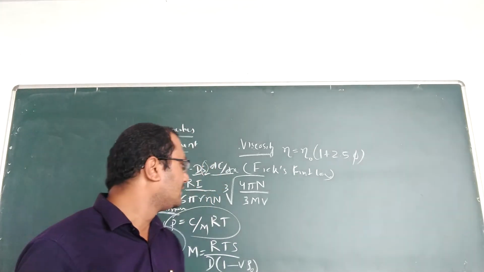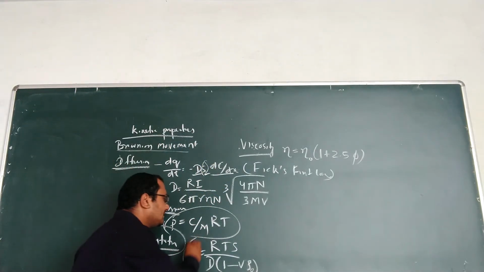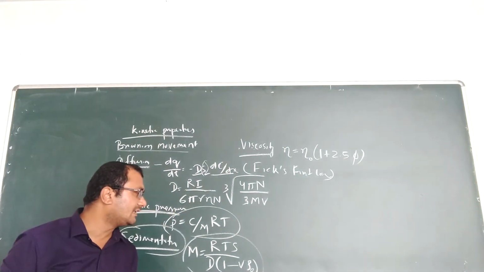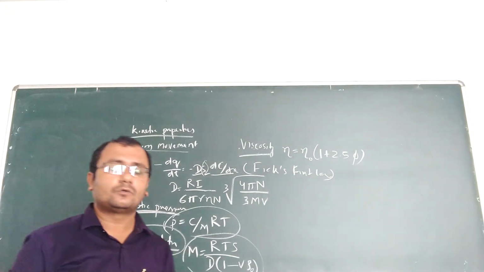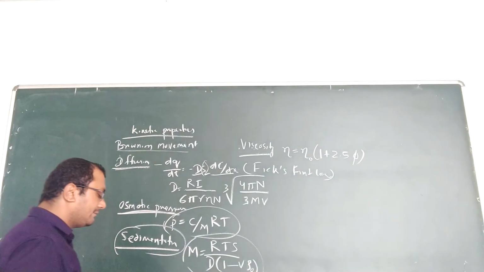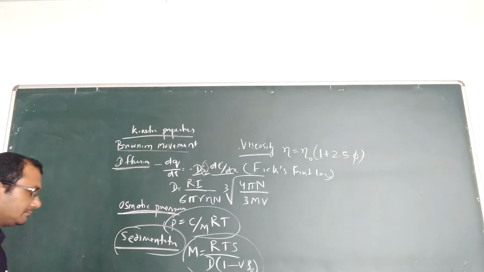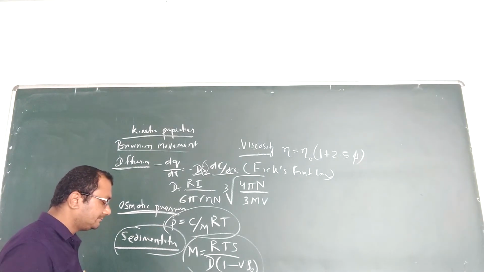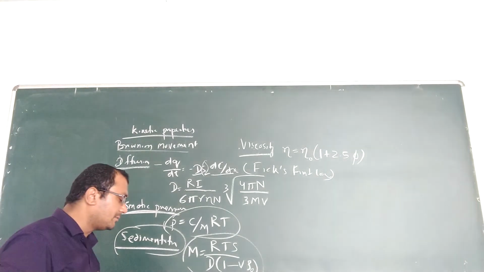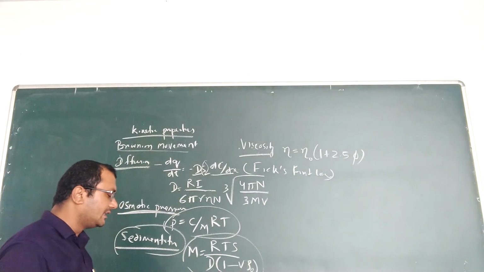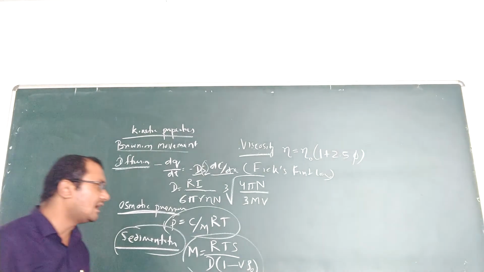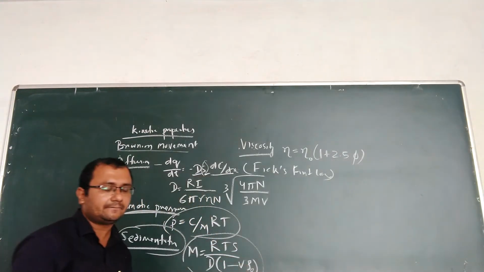Naturally it will be very less, and this we can evaluate by taking this equation. M is equal to RTS divided by D into 1 minus V into rho 0. Here R means gas constant, T means absolute temperature, V means partial specific volume, D means diffusion coefficient, S means sedimentation coefficient, and rho 0 means density.